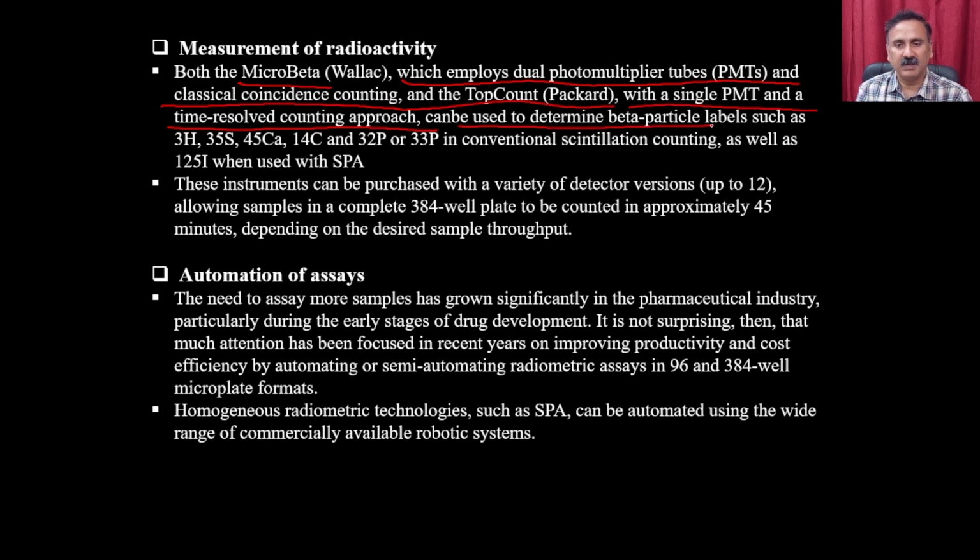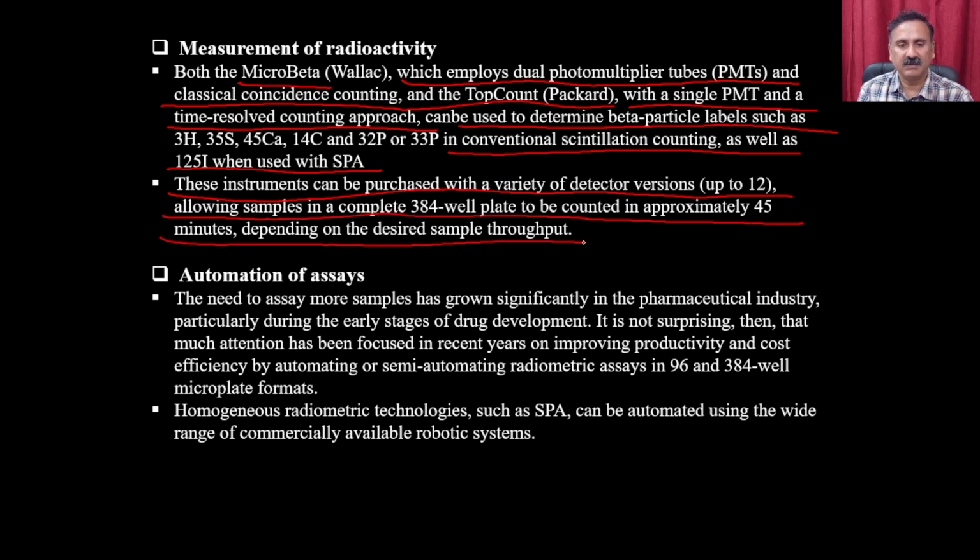These can be used to determine beta particle levels such as tritium, sulfur, calcium, carbon, phosphorus in conventional scintillation counting, as well as 125I when used with the SPA. These instruments can be purchased with a variety of detector versions, allowing a complete 384-well plate to be counted in approximately 45 minutes, depending on the desired sample throughput.